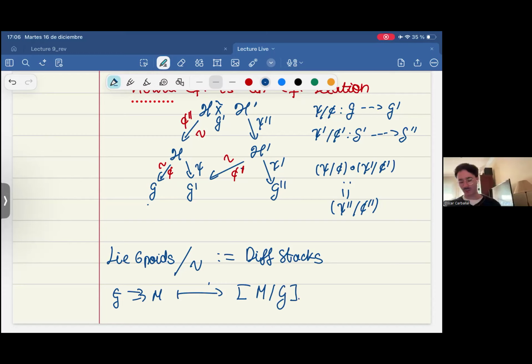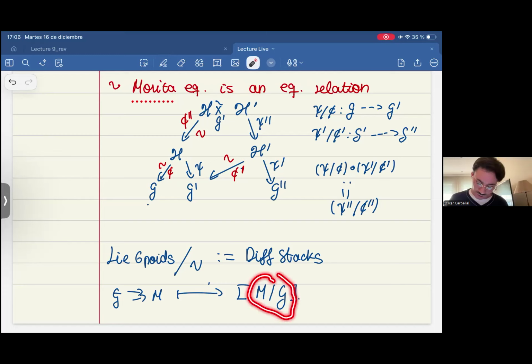And it contains the necessary differential information in order to study this orbit space here, which may be very, very, very singular. But differentiable stacks contain differential information to treat this somehow, right?